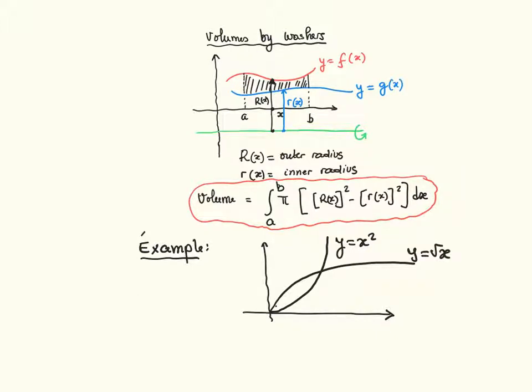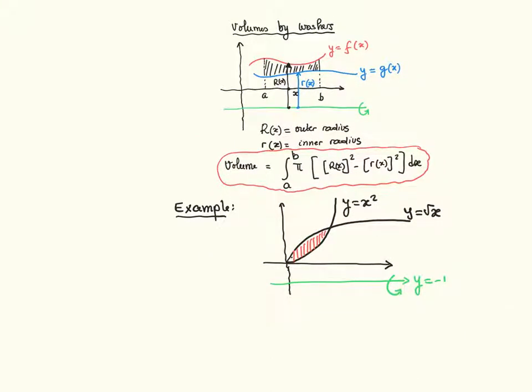The region between them is this one, and this region is rotated about the line y equal minus 1. Okay, here's the line y equal to minus 1. So our region is rotated around this line here. Okay, so I want to find the volume.